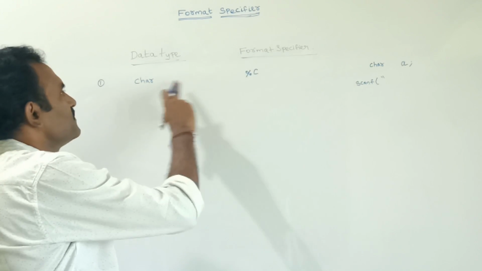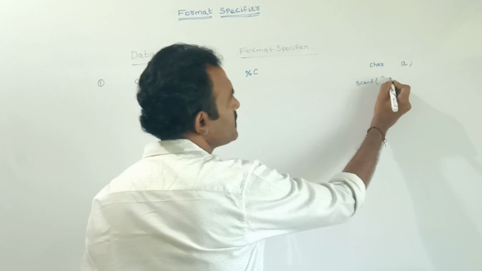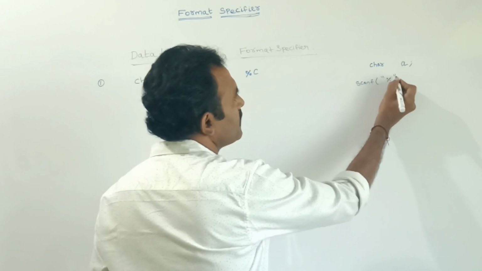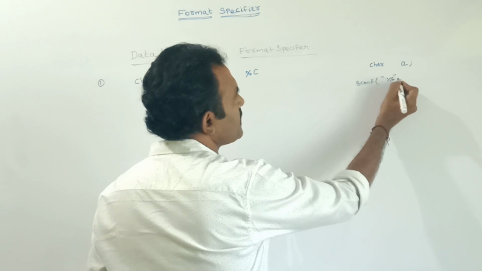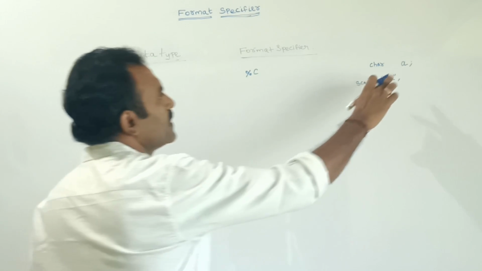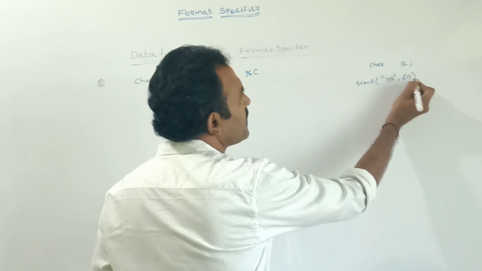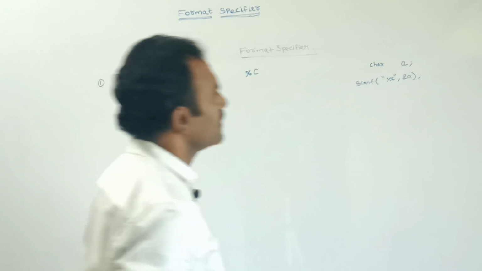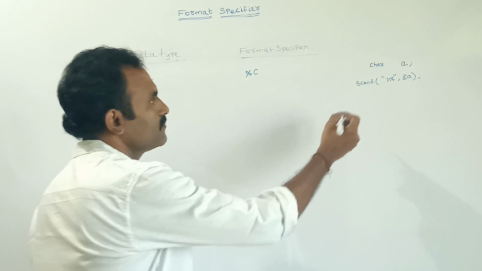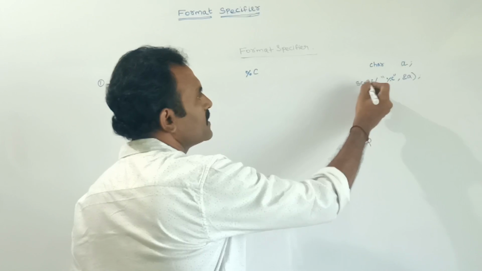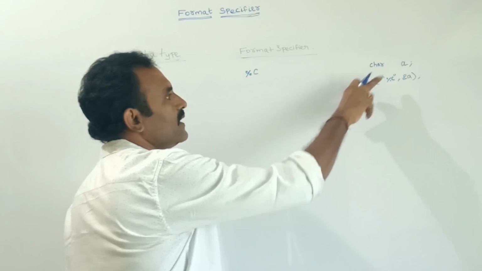The format specifier of character is %c, and after that we should give the declared variable name. The declared variable name is a. In this step we can give some value to variable a.